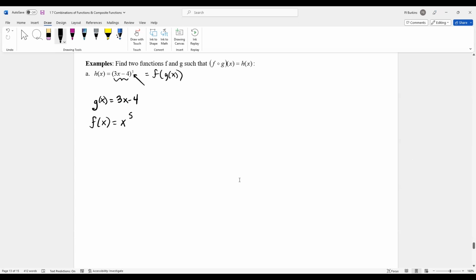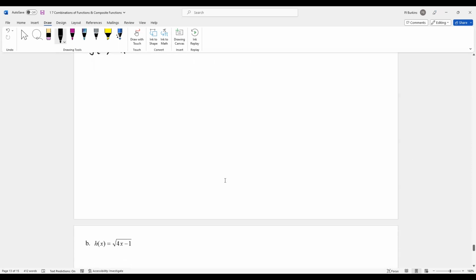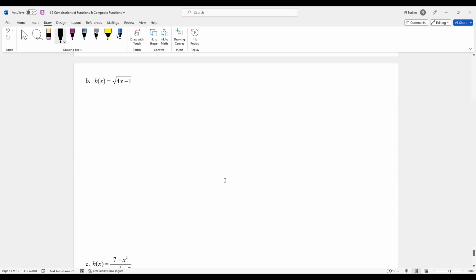Okay, so this is kind of going backwards from what we've been doing, and this is an important skill that you're going to use in calculus as well, right? Finding a function inside of another function. Here I notice I've got all of this underneath of the radical.